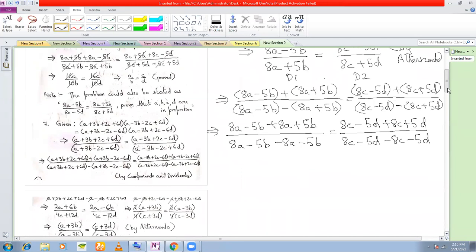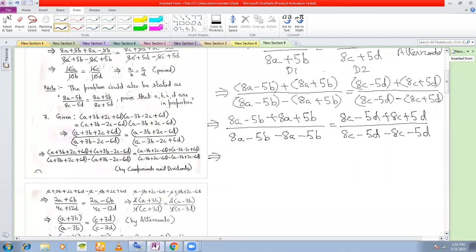Once you open the brackets, whatever cancels will cancel. You have 5b, 5b canceling here. You have 8a, 8a canceling here. And you have 5d, 5d canceling here. Then you have 8c, 8c canceling here.